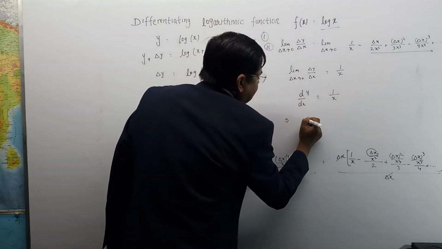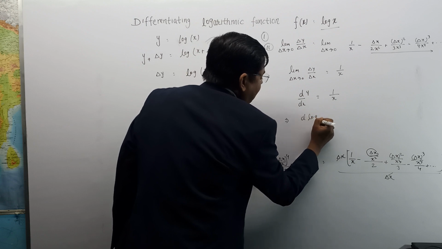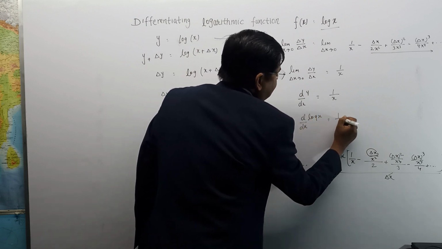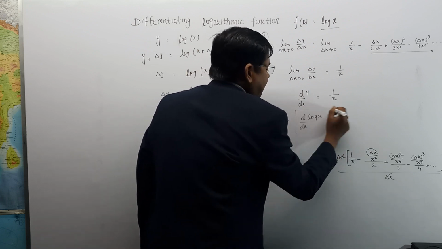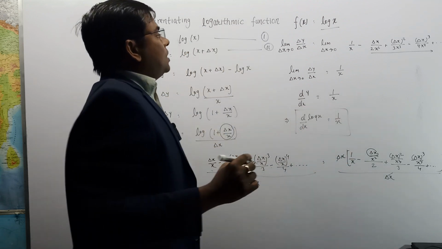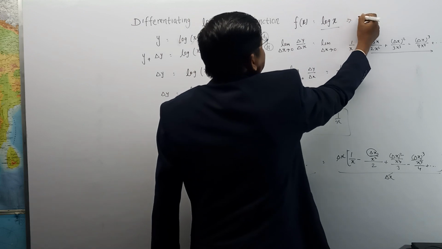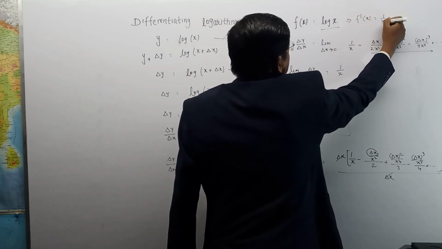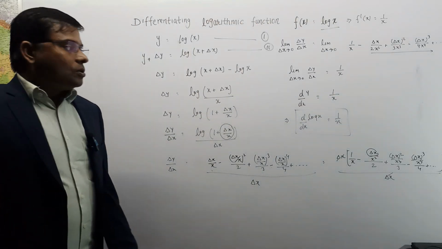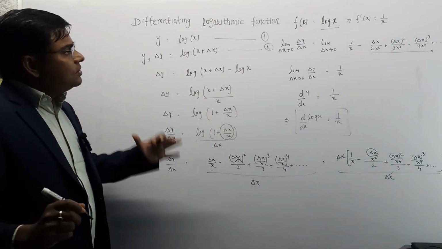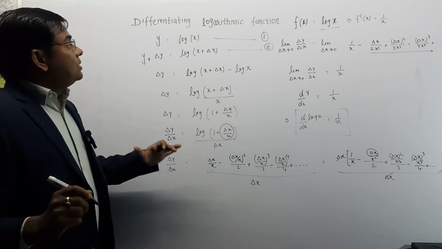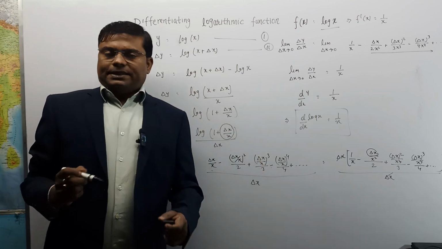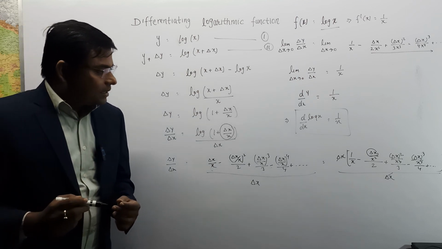Hence we can write here differentiation of log x with respect to x is equal to 1 over x. ये हमारा आ गया, this is our final result. So we can say that differentiation of f(x) is equal to 1 over x. Okay, so this is the result, and how this result came with use of first principle as a limit we see here. I think all things are clear.